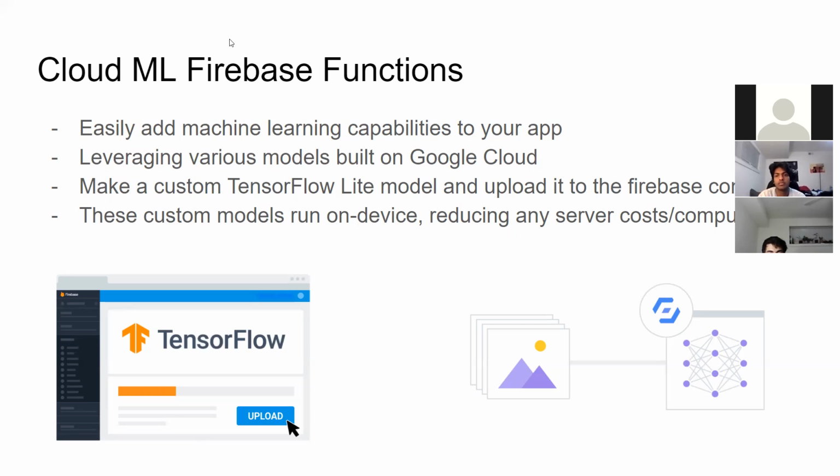So one thing that Firebase offers are these Cloud ML functions. There are a few pre-built ones for basic object detection, language recognition, and just some basic tasks that are already available in Firebase, and you can simply integrate those into your app. But you can also create your own model on the Google Cloud, or make a custom TensorFlow Lite one.